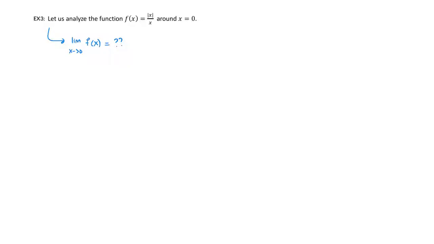Remember, to be able to determine whether the limit of a function exists at 0, I'm going to have to investigate what happens to the one-sided limits. What is the limit as x approaches 0 from the right of f of x? And also, what is the limit as x approaches 0 from the left of f of x?